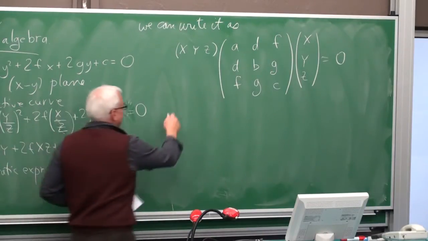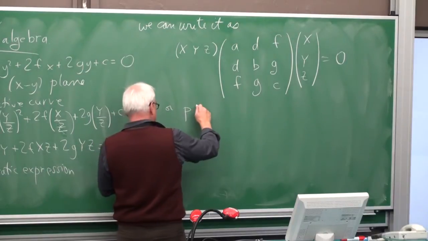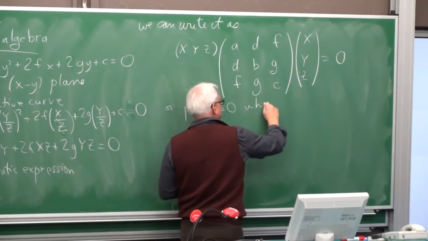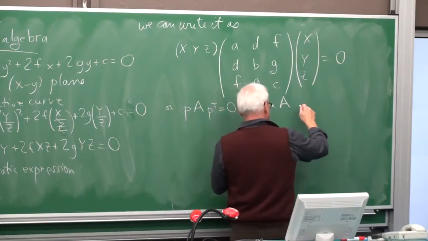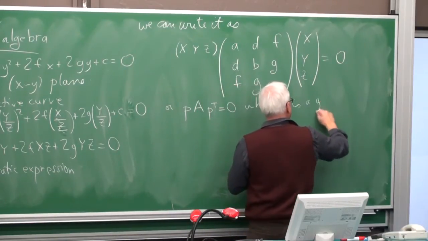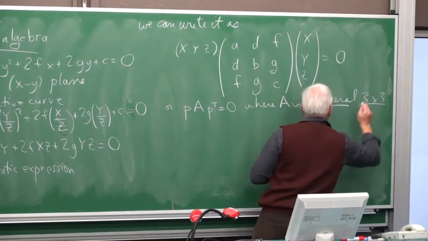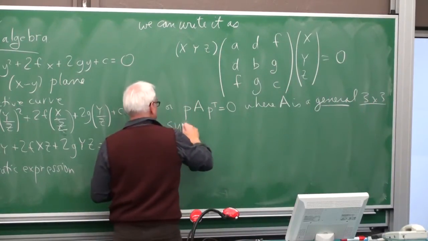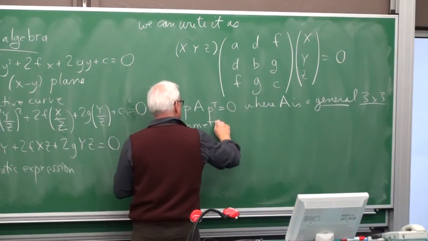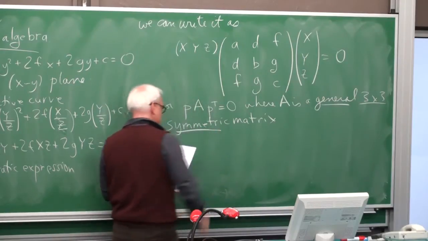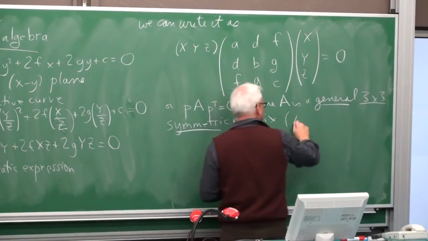More compactly, it's of the form P A P transpose equals 0, where this matrix A is a general 3 by 3 symmetric matrix. That means that its transpose is equal to itself.